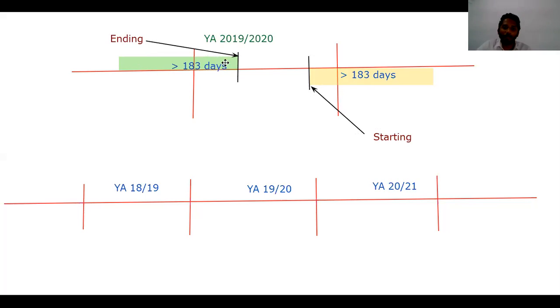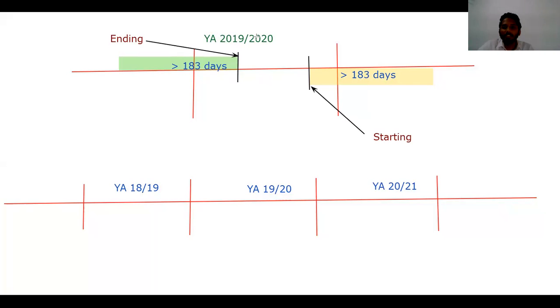Any 12 months is this period, the 12-month period. Here we call it this bar, the 12-month period.